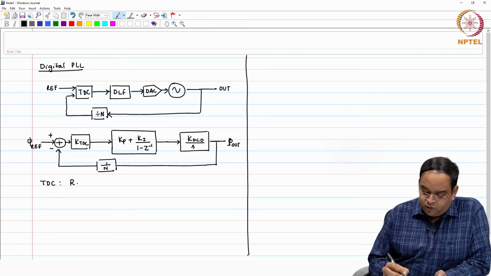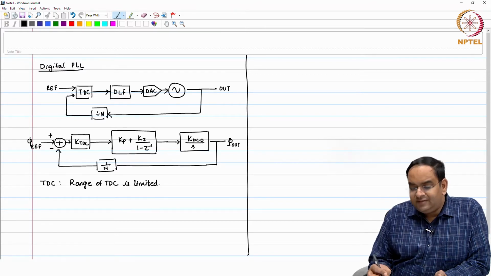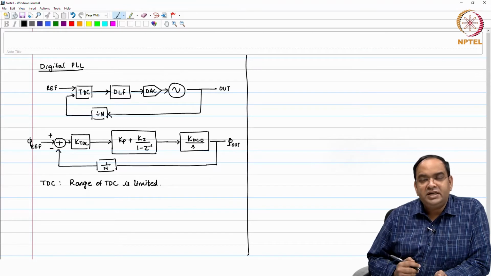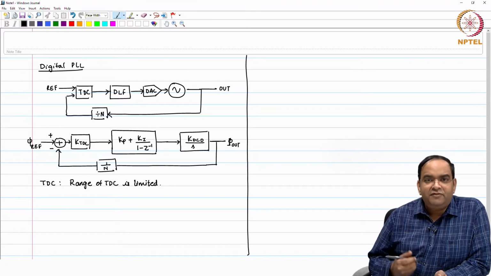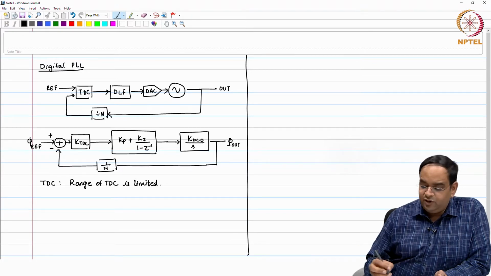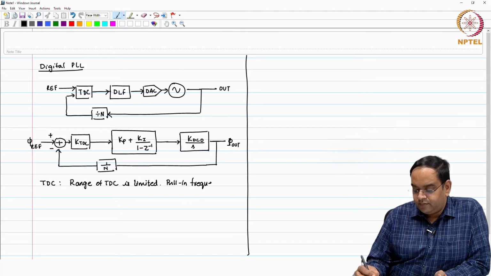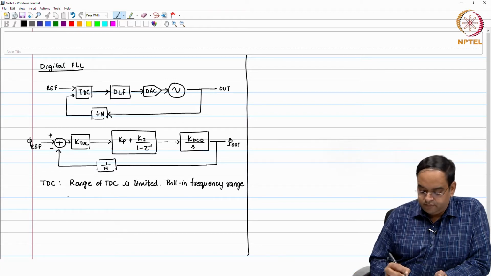So, quite often the range of TDC is limited. If the range of TDC is limited, then the phase error which it can measure is limited, and then the pull-in frequency range is also going to be limited. This is what you will see.